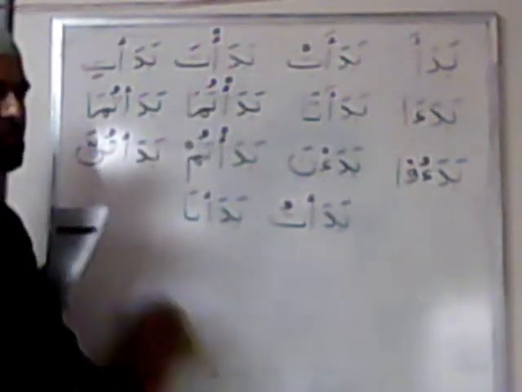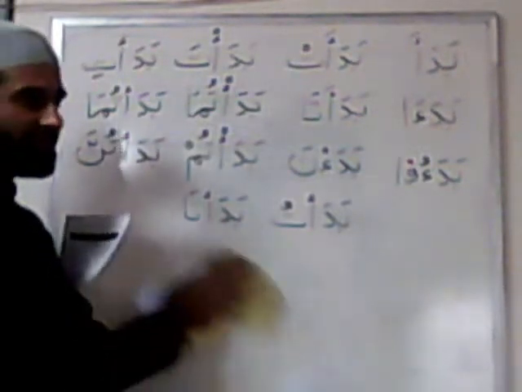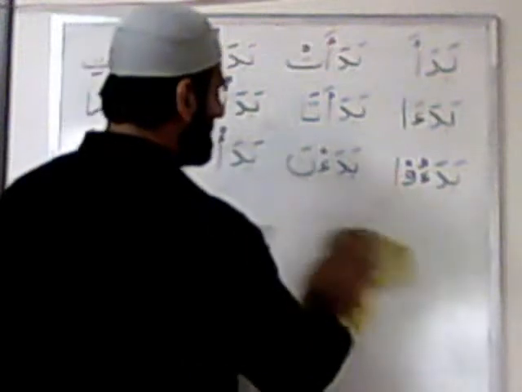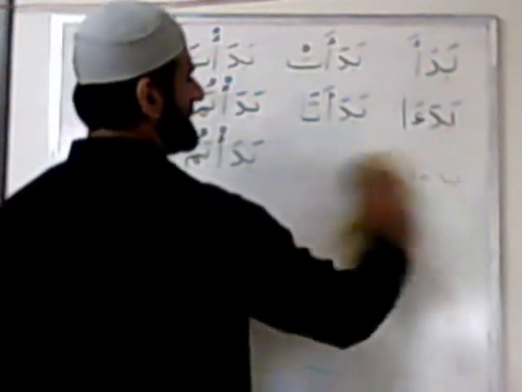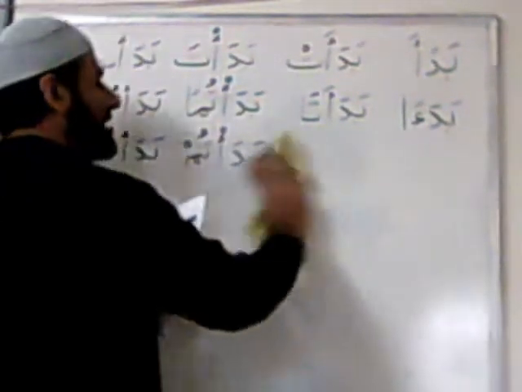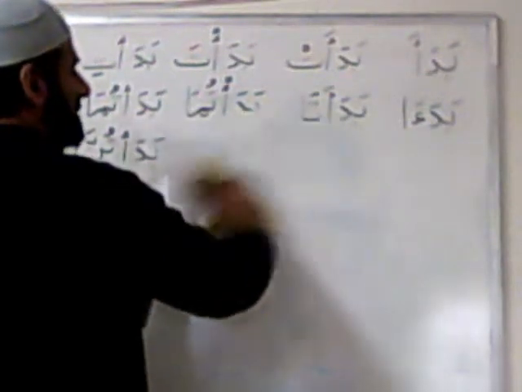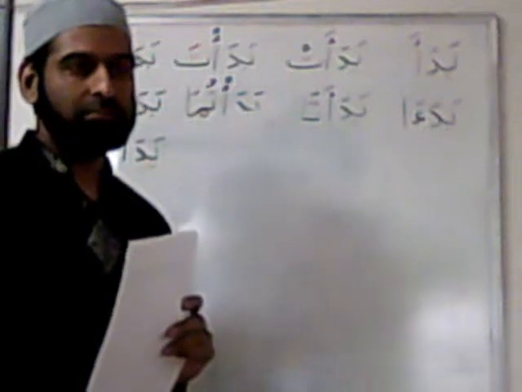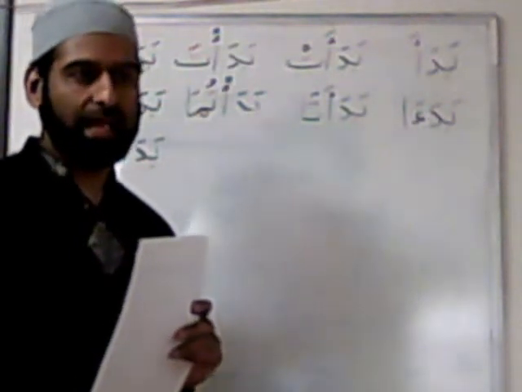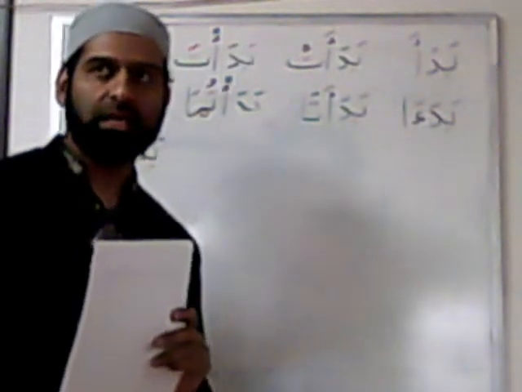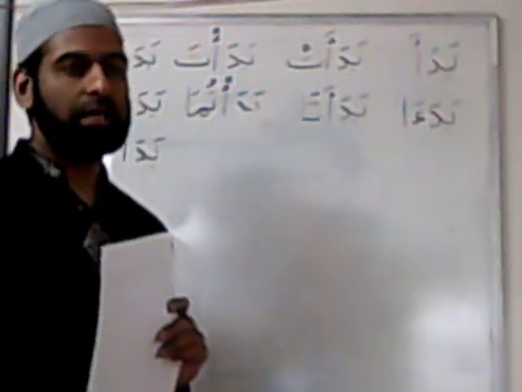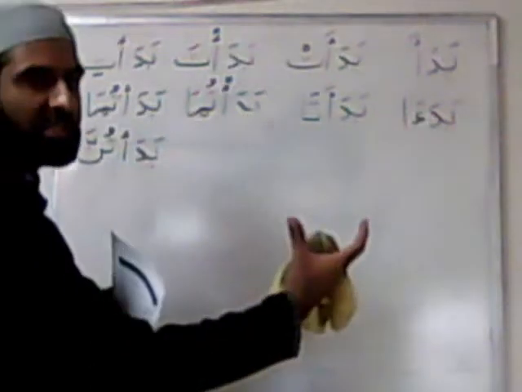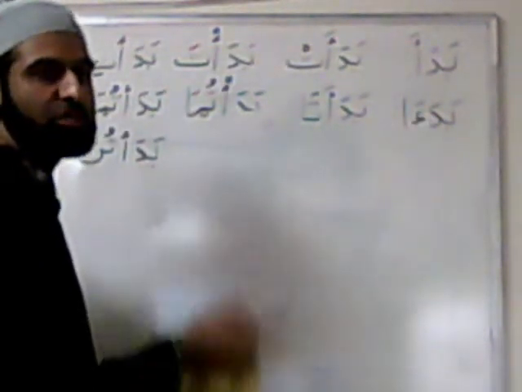Matthew, do you know what mudaf ilayhi is? It is the possessor and the possessed. So if you want to say the book of the man, you will say Kitabur Rajuli. This combination is called mudaf ilayhi, where one word is the possessed and the next word is the possessor.